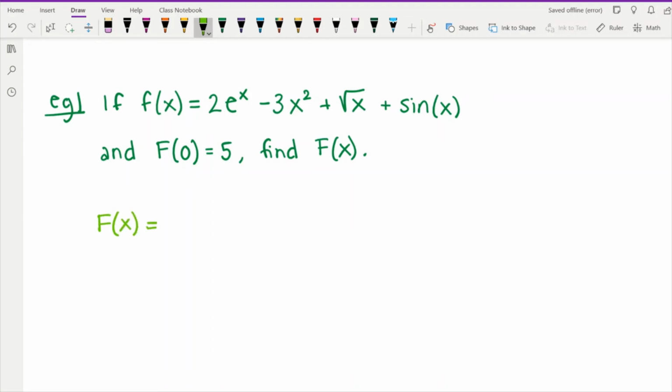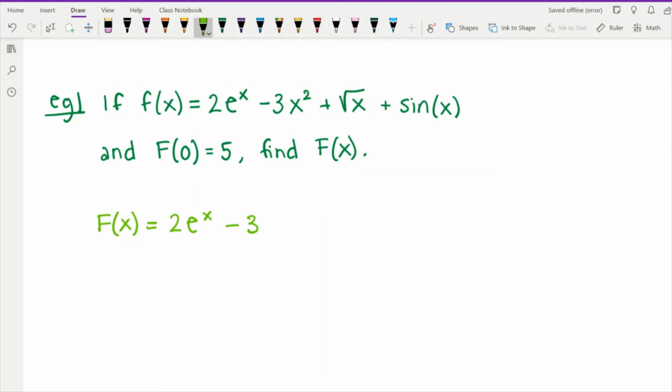Okay, so what is the antiderivative of 2 times e to the x? Well, it's just 2 times e to the x, right? The derivative of 2 times e to the x is 2 times e to the x, so vice versa is true as well. Okay, what about minus 3 times x squared? Well, you could write this as negative 3 times the antiderivative of x squared, right?